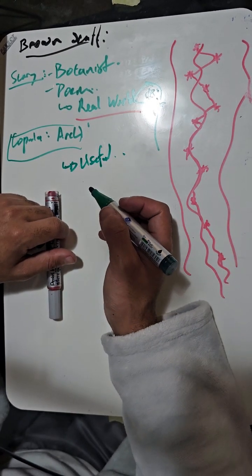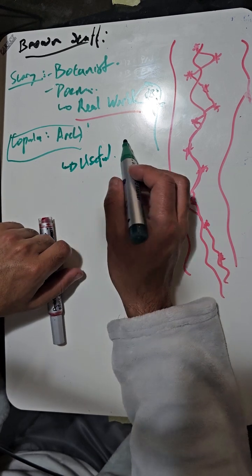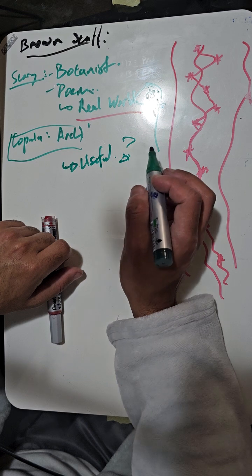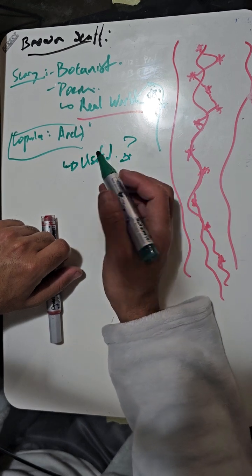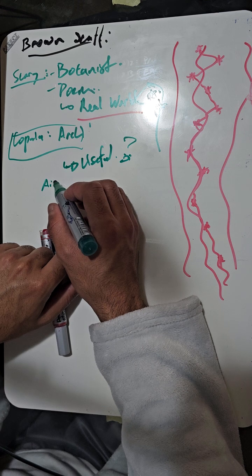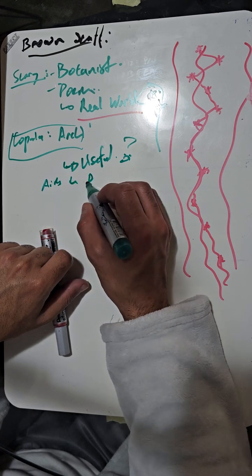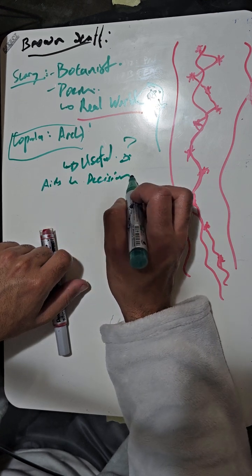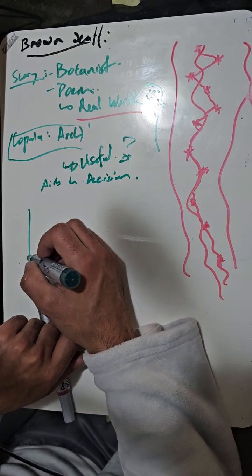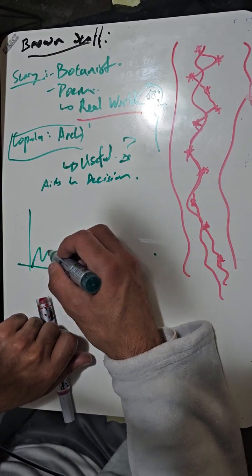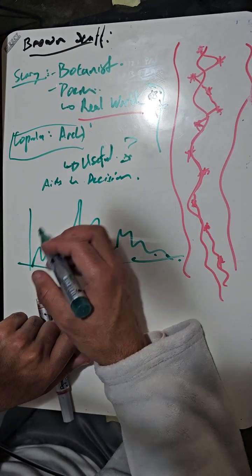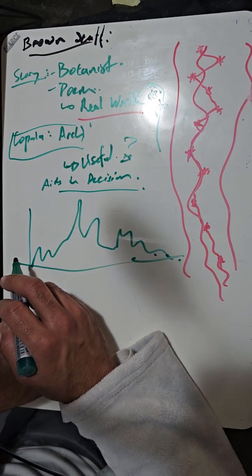Then the question we ask is, how is this thing useful? It would only be useful if it aids decision making. So how does this whole process of determining this thing aid making a decision?